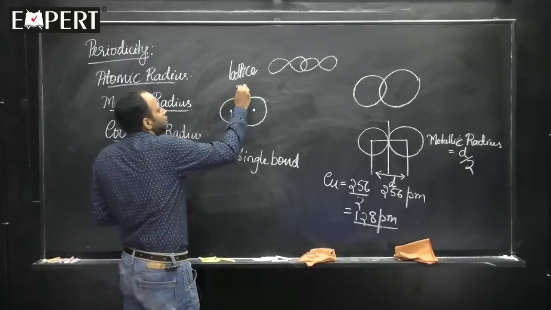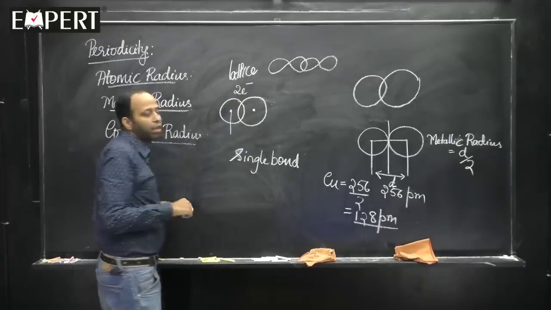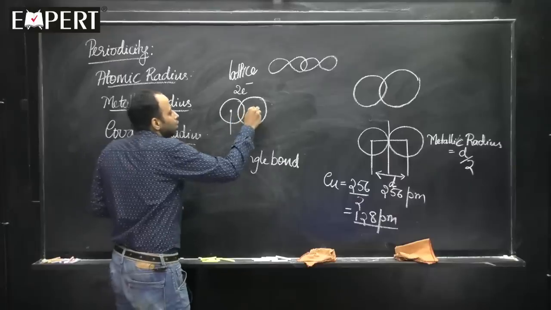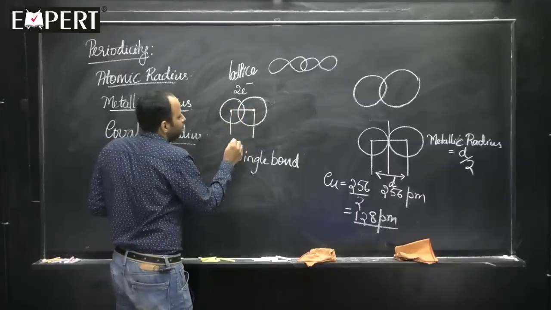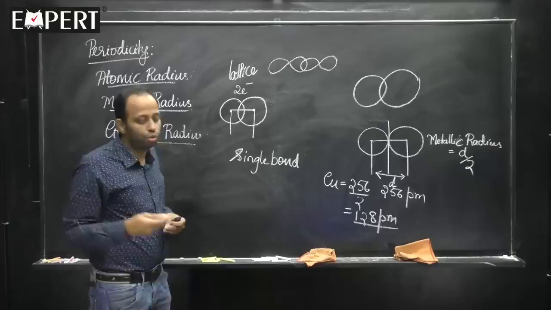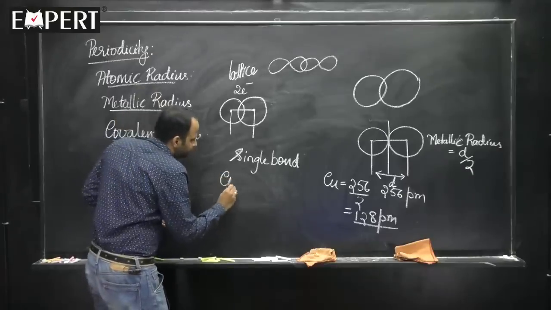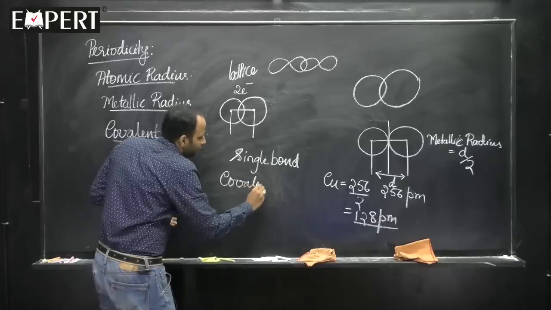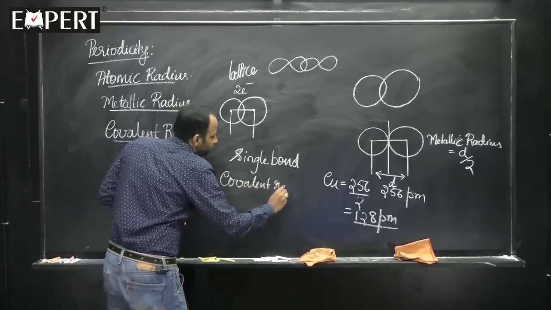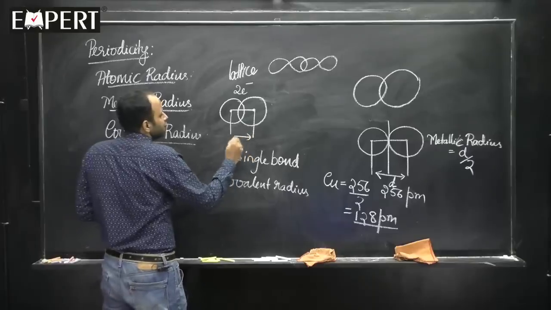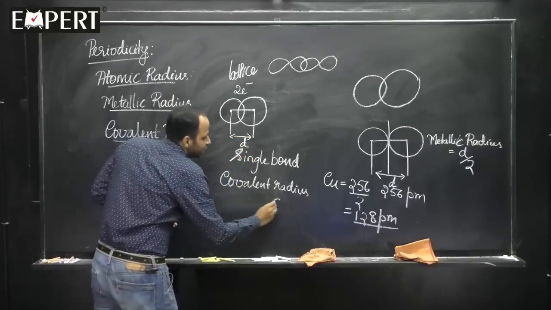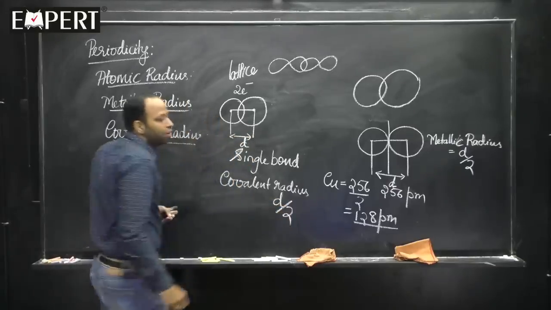Only 2 electrons are shared. You take the distance in between this, and then you divide the distance by 2. So, for covalent radius, whatever is the distance here, this distance will be divided by 2.